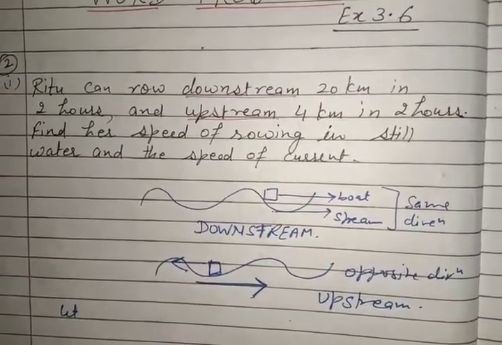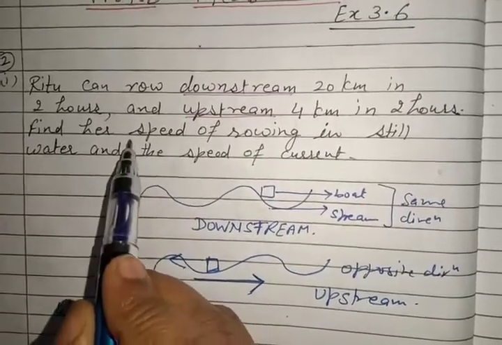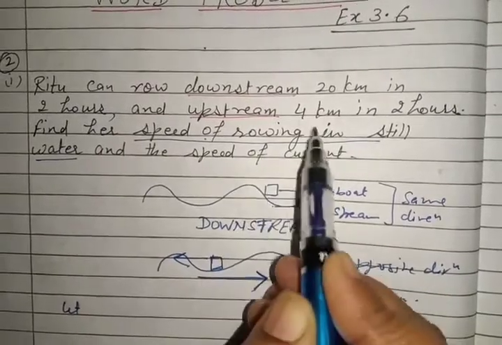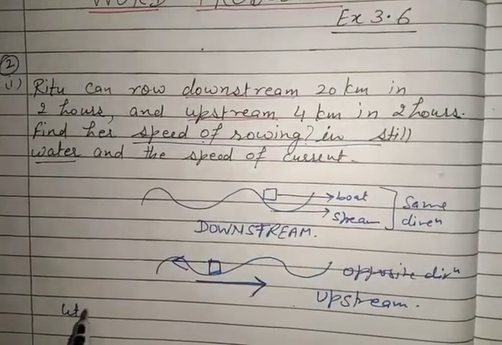What are the two things here that we need to find? Speed of rowing in still water. Speed of rowing of the boat is missing here.